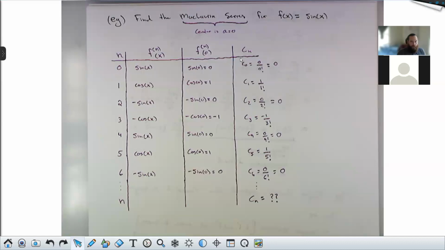Good. When n is even, the coefficient is 0. That's correct. And when n is odd, the coefficient is not only non-zero, but it does follow a nice pattern. 1 over 1 factorial, negative 1 over 3 factorial, positive 1 over 5 factorial. The next one being negative 1 over 7 factorial.